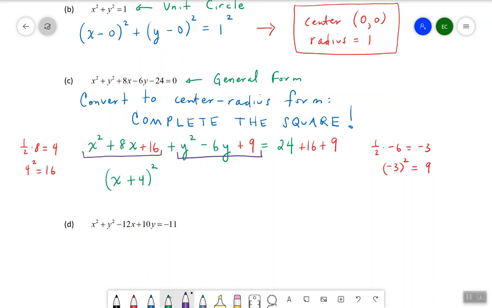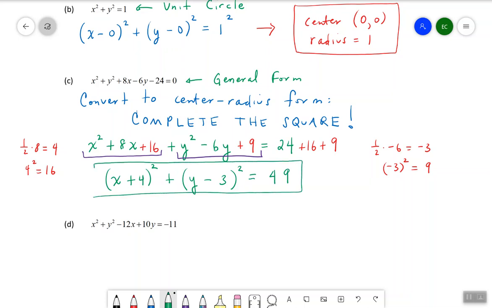And we're going to get y minus 3 quantity squared. Over on the other side, we have 49. So this right here is the center radius form.